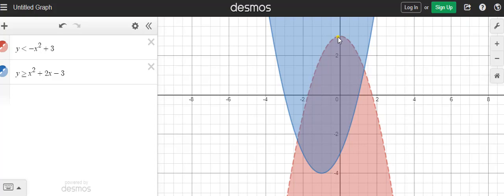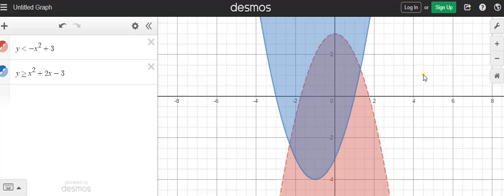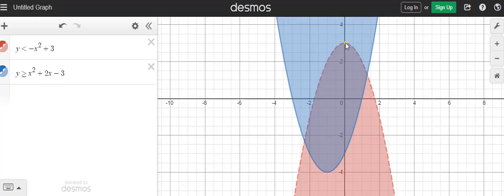However, any point that lies on the dotted line, like 0 and 3, will not make both statements true. So that's how you solve a system of quadratic inequalities.